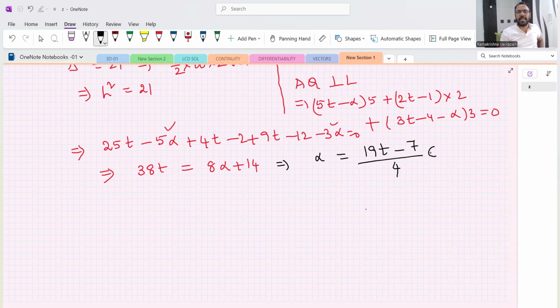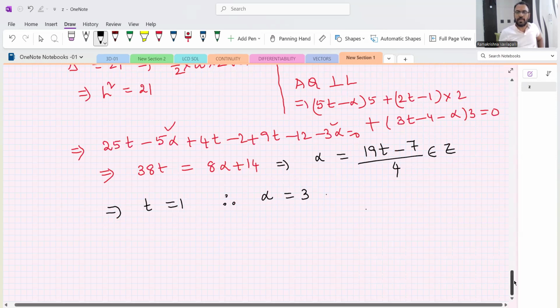It must be an integer. All right, so implies t equal to 1. Therefore, you will get that alpha is equal to 12 by 4, that is 3. That's it. Is the answer over or not? That we don't know, because we have to get that AQ square.